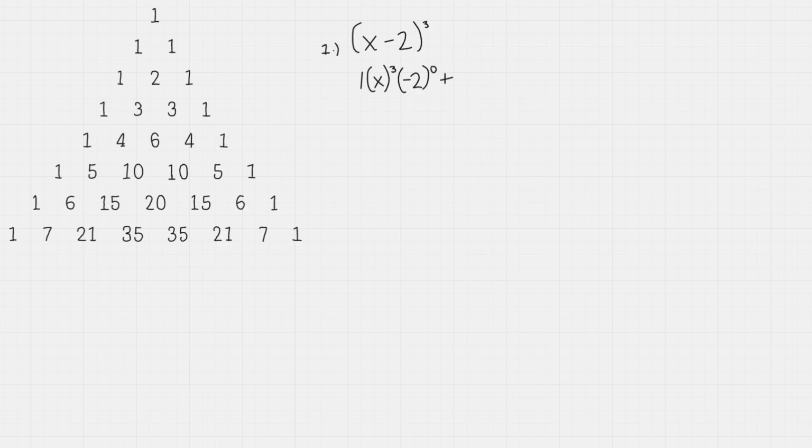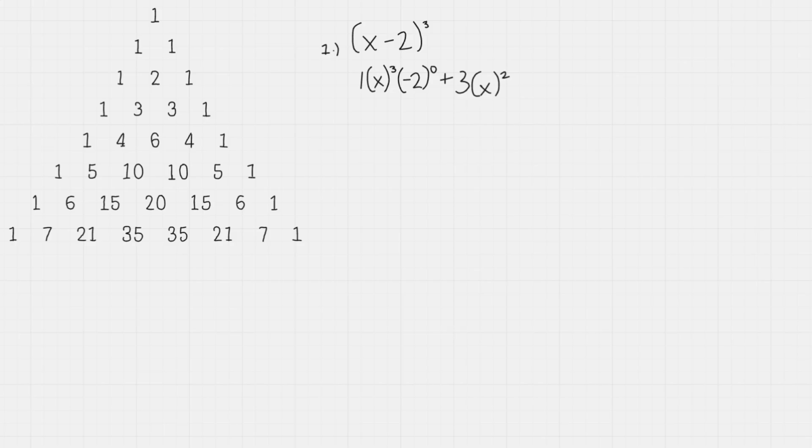Plus our second coefficient, 3, times our first term, x, now to the power of 2.